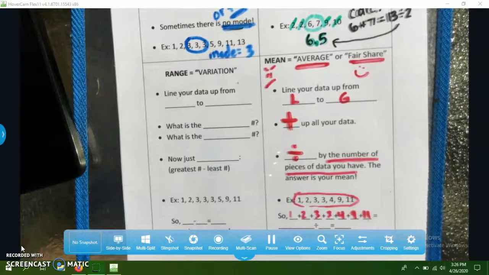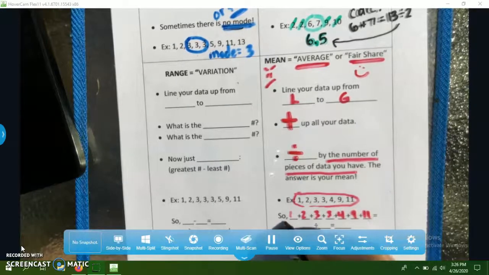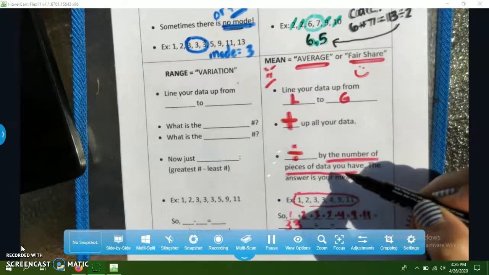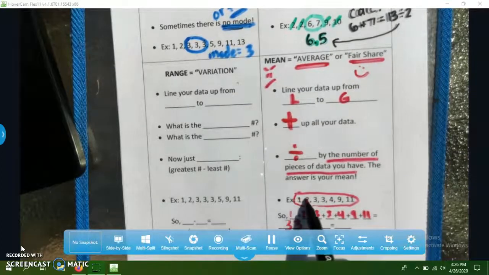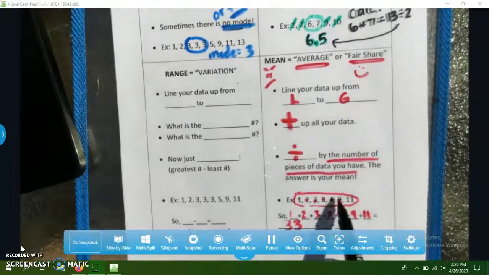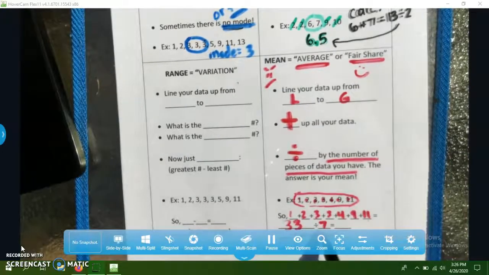You would just add up all of your data: 1 plus 2 plus 3 plus 3 plus 4 plus 9 plus 11, and that would give you 33. Then you have to divide by the number of pieces of data you have. For this set of data, I have 1, 2, 3, 4, 5, 6, 7 numbers, so I'm going to divide 33 by 7.